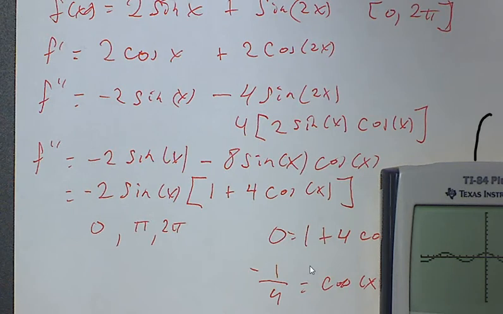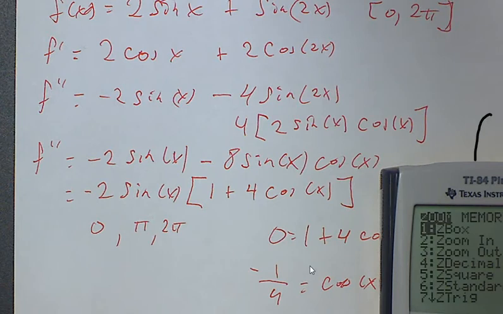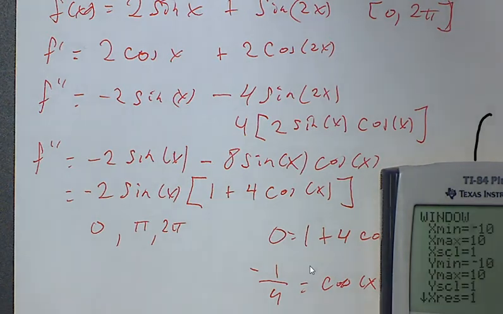On 0 to 2 pi, let me zoom in here. Let me make my window: y min negative 1, y max 1.